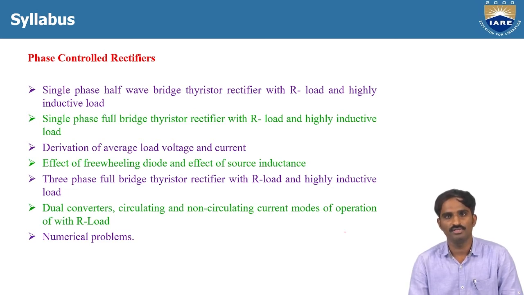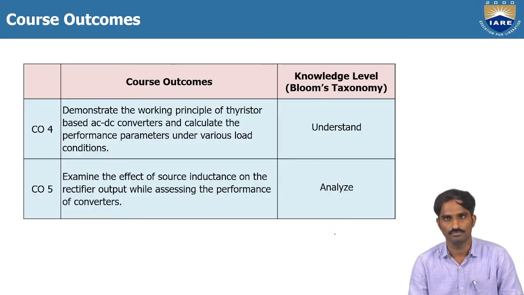Finally, we will solve some numerical problems based on the derivations and the mathematical modeling which we discussed in the topics included in module 2. Now we are going to discuss the first topic, which is the single phase half wave bridge thyristor rectifier with R load.